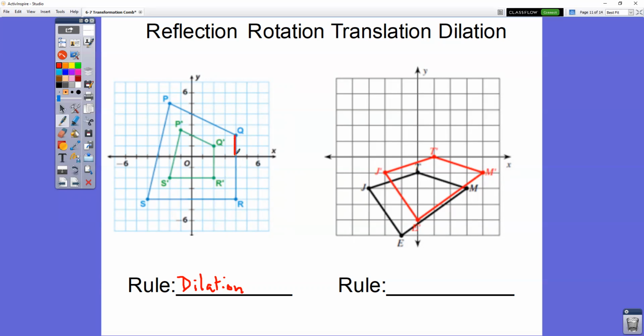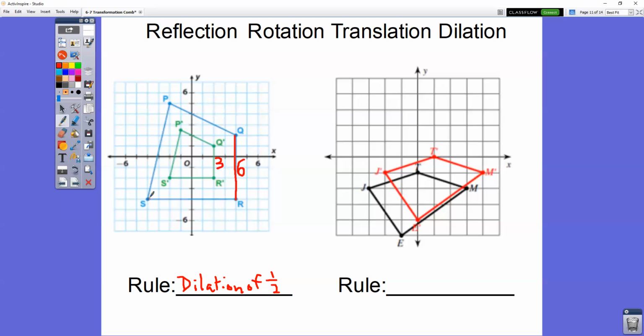If we take a look at this side right here, QR, QR is 6 tall. Q prime, R prime is 3 tall. Well, how do you get from 6 to 3? You're taking half of it. 3 is half of 6. So this would be a dilation of 1/2.